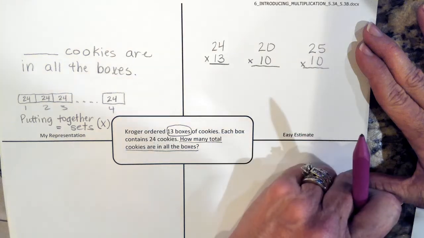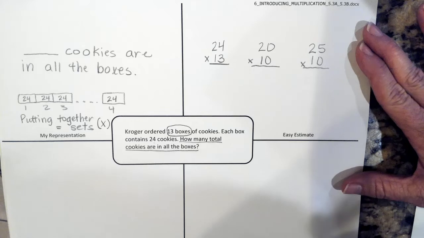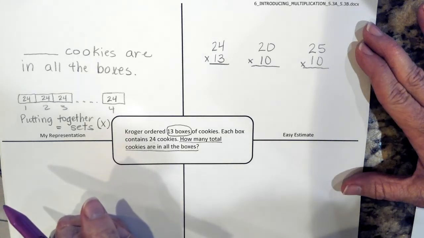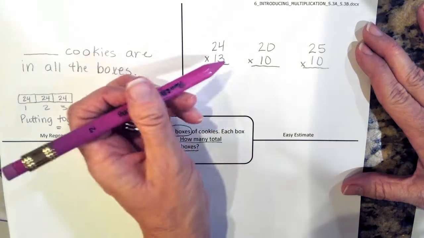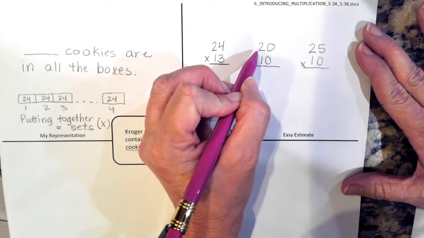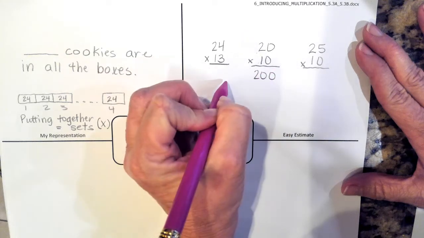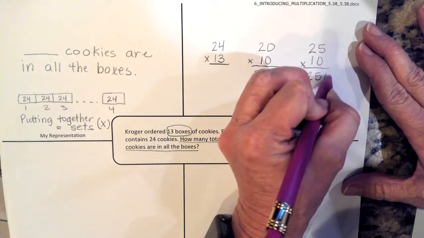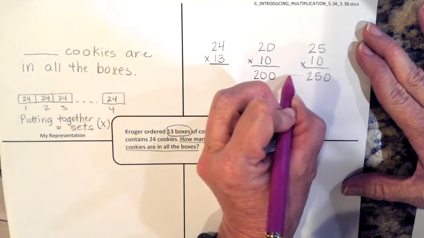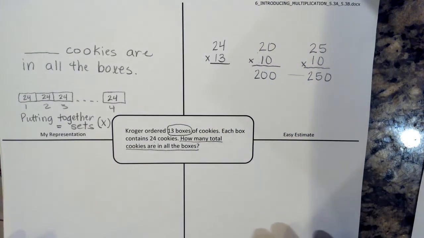And boys and girls, it's very important to realize that early on, so that when you ask yourself if this is reasonable, you can make good judgment calls. So 20 groups of 10 is 200, just like 25 groups of 10 is 250. So I know that my answer should be at least, probably more than 250.